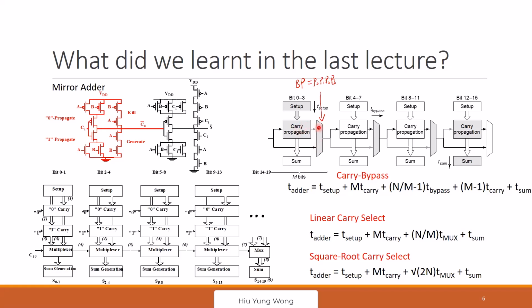So when we start running, we don't need to propagate through this block anymore. We will just propagate directly through this bypass, right? So here we have the setup time, and then we need to propagate within here, which has m bits, so m t carry. But after that, you only need to propagate n divided by m multiplexers, okay? And actually, I think this one should be -1.